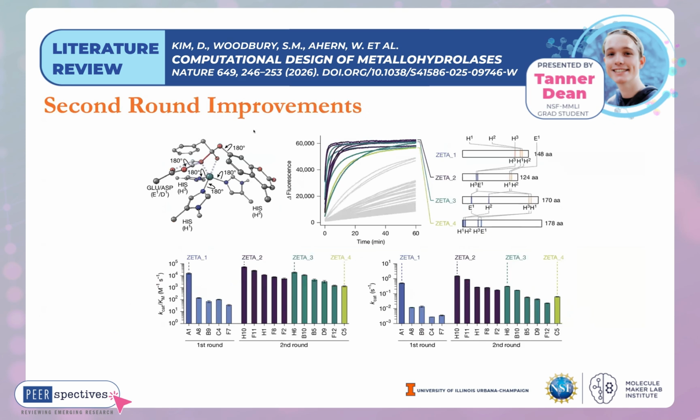And so they actually do a second round where they get much higher improvement. Their reasoning is because in the second round, they specifically know this additional basic residue that is necessary for activity. And so they actually include this basic residue, either glutamate or aspartate, in the thiozyme for all of their generation of the 5,120 new ones, all the way through the pathway.